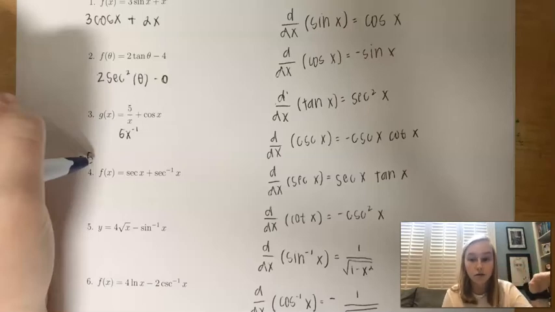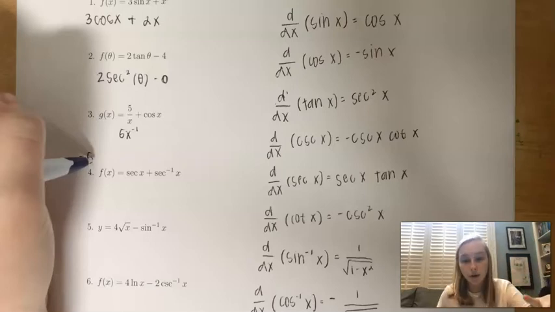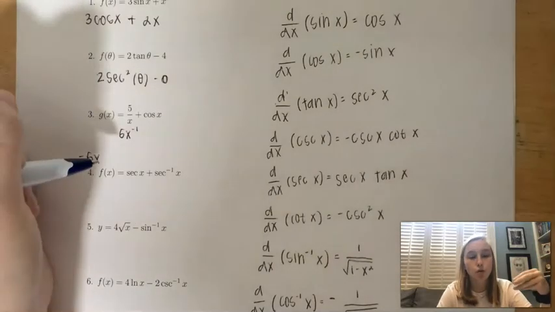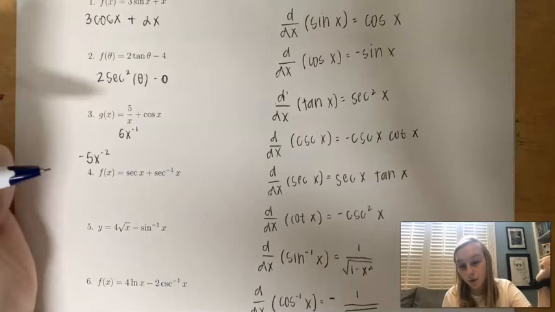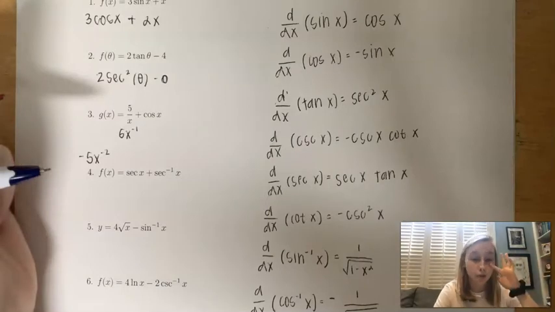You just continue using the 5, but it becomes negative because you have to drop that negative exponent. So you drop the negative 1 down, so it's really 5 times negative 1. I wrote it out as negative 5. So you have negative 5, and then you have to subtract 1 from the exponent. So negative 1 minus 1 equals negative 2. So that is the derivative of the first part.